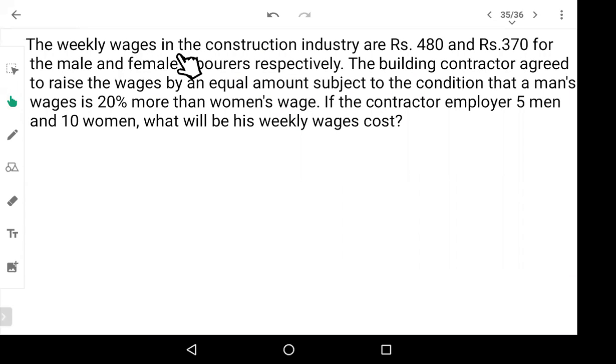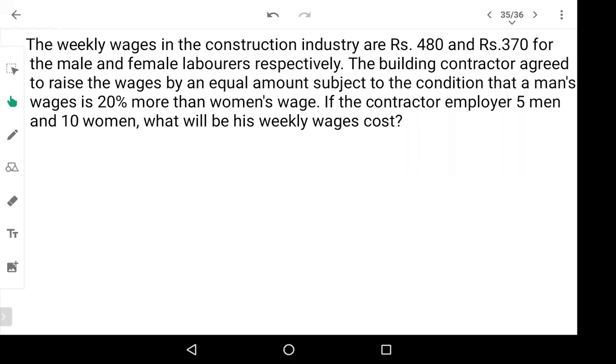The weekly wages in the construction industry are rupees 480 and rupees 370 for the male and the female laborers respectively. Let us read that once again. That means for male 480 rupees is paid, for female 370 rupees is paid.